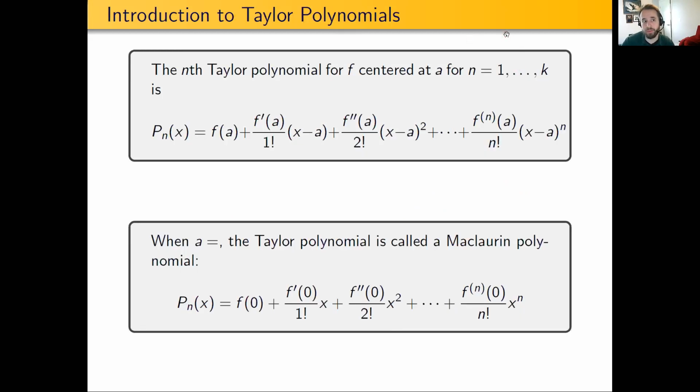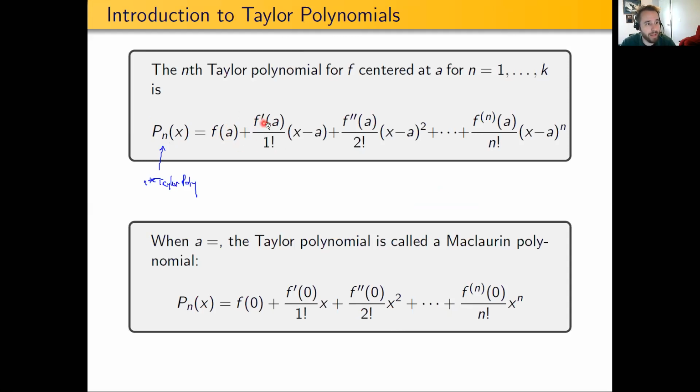And now we turn our attention to something called a Taylor polynomial. It turns out that a Taylor polynomial will be a generalization of the linear approximation. So the nth Taylor polynomial for a function f centered at a point a, for any value n, is of the following form. P sub n of x, that's what we will call our nth Taylor polynomial, so that's just its name. That's defined as f of a plus, and then we see the following pattern here.